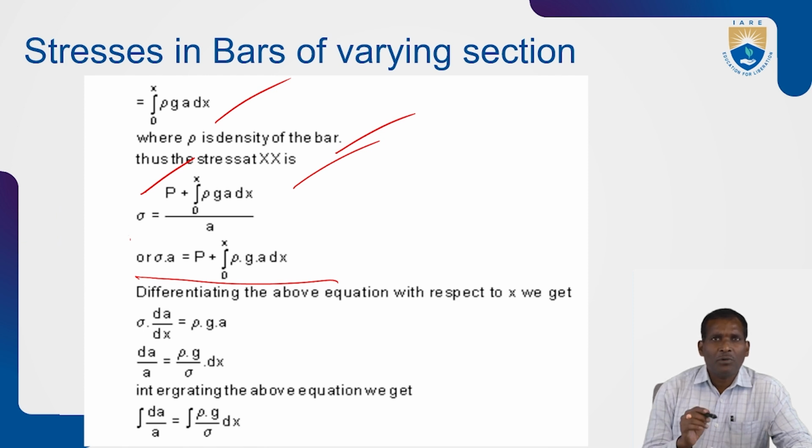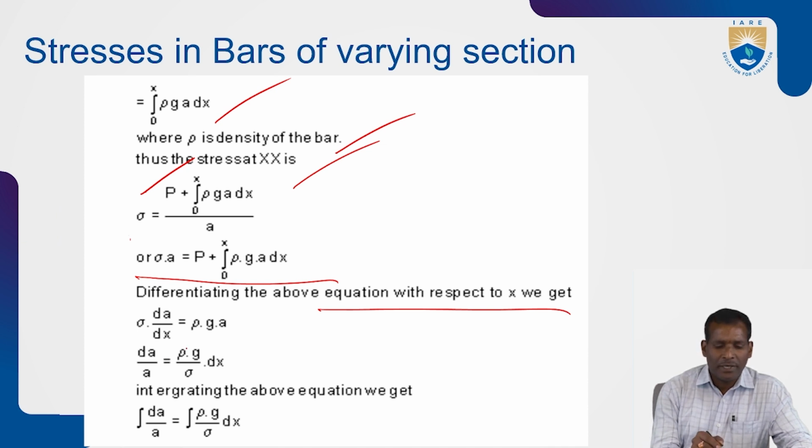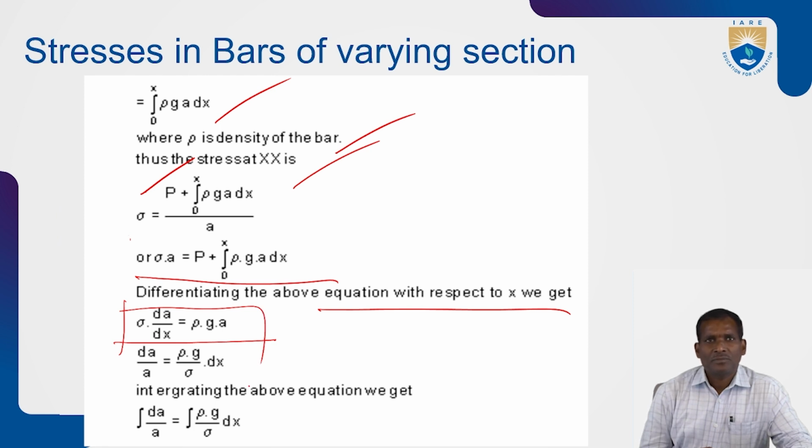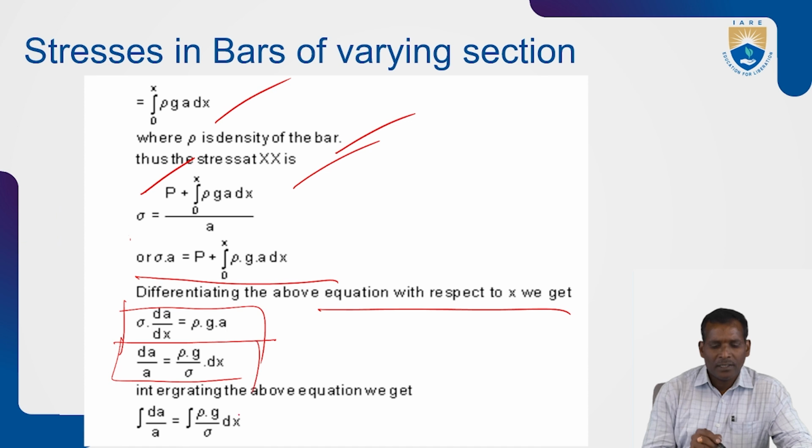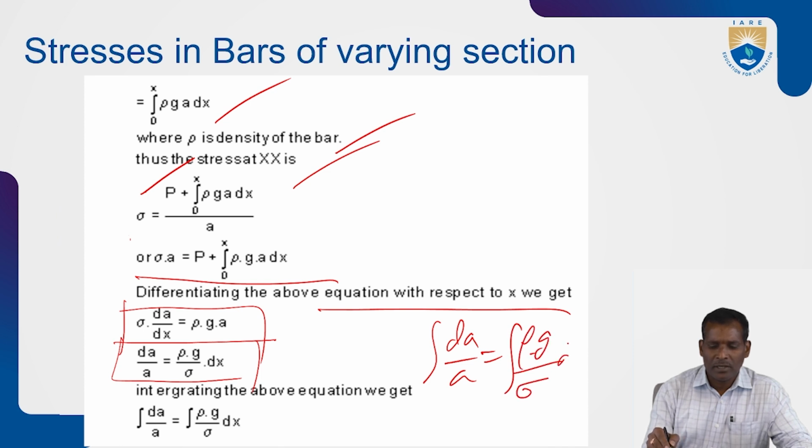So differentiating the above equation with respect to X, we get sigma dA by dx equals rho G A. Simplifying this equation, we get dA by A is equal to rho into G by sigma into dx. So integrating the above equation, we get the integral of dA by A is equal to the integral of rho G by sigma into dx.